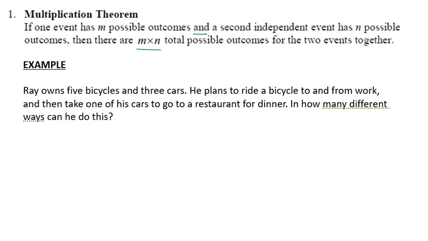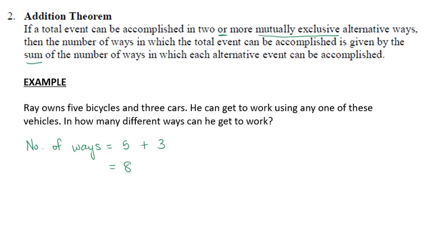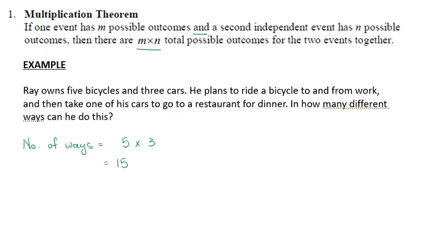So that's an and. Choosing a bicycle and then choosing a car. So the number of ways in this case would be equal to 5 times 3, which is 15, as opposed to the 5 plus 3 where he was choosing a bicycle or a car. This time he's choosing a bicycle and a car. So we multiply.